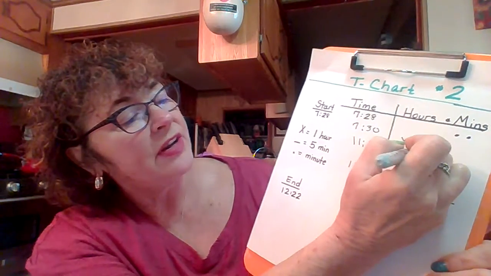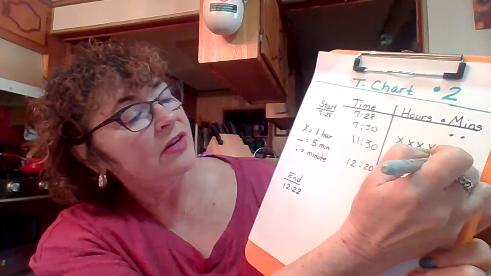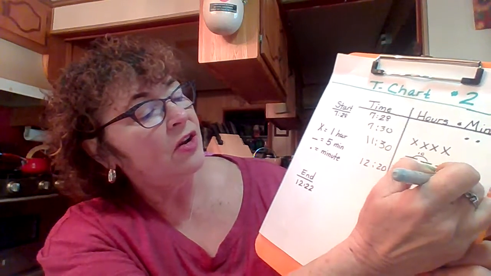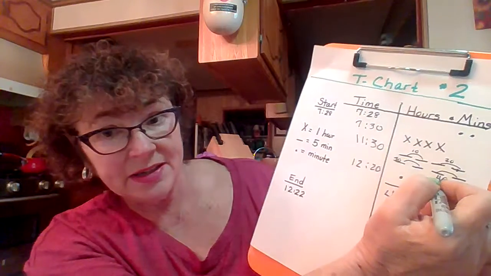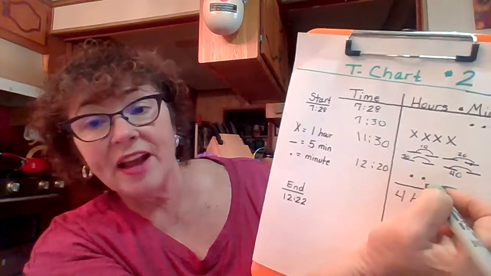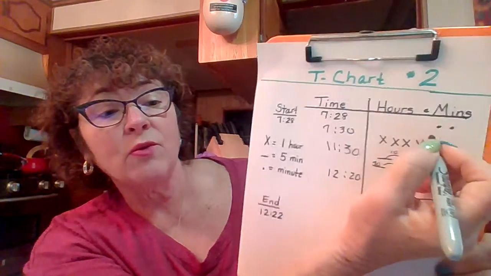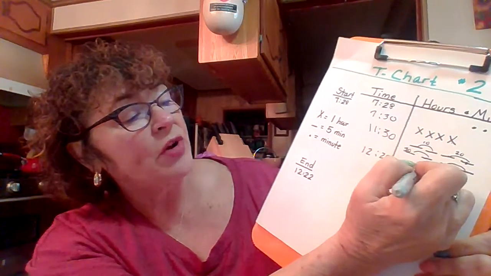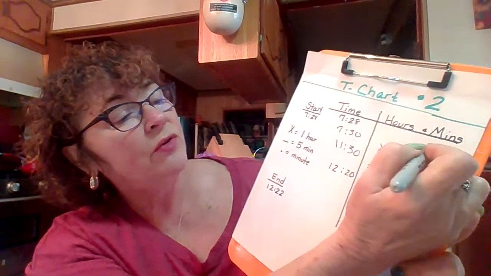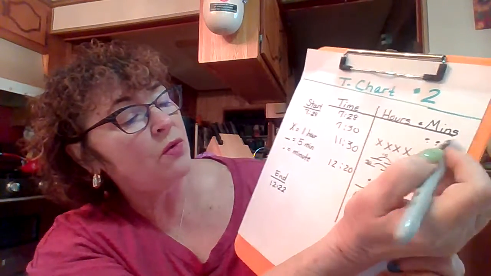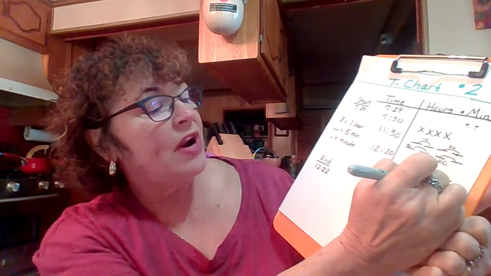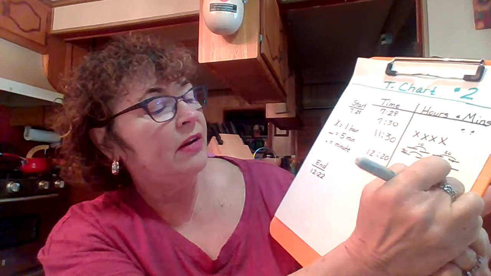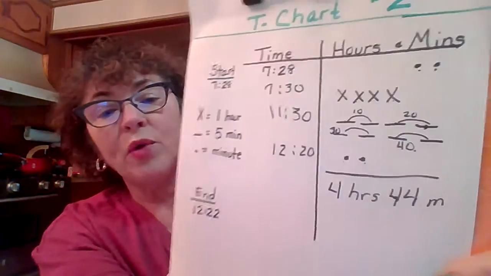Now here's 10, 20, 30, 40 minutes, but we still have to add on these 4 ones. So this was 40, so 41, 42, 43, 44. So 4 hours and 44 minutes.